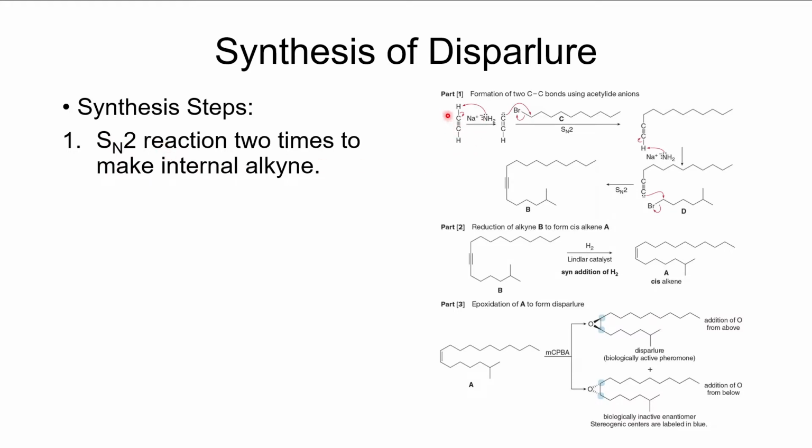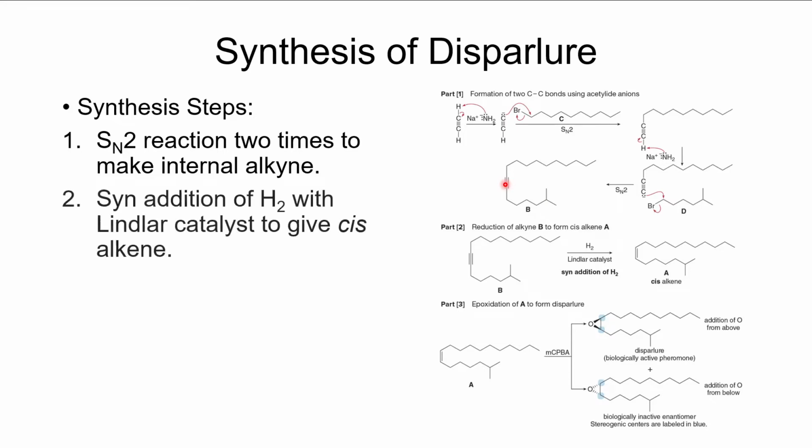You'll start off with acetylene, deprotonate, do an SN2 reaction on an alkyl bromide, and that gives you this terminal alkyne. You'll deprotonate, and then do an SN2 again on a different alkyl bromide, and that will give you that internal alkyne.